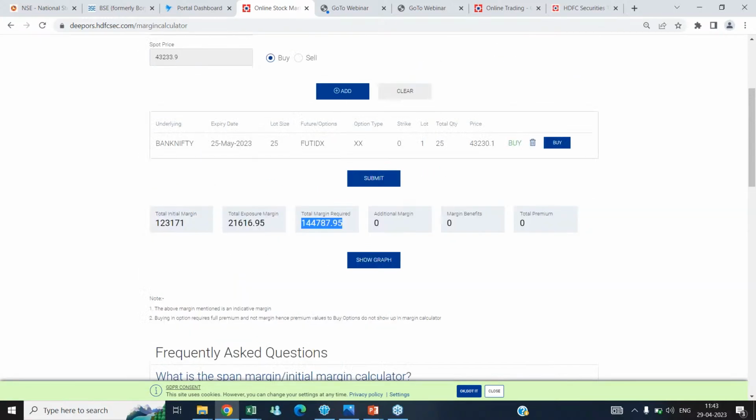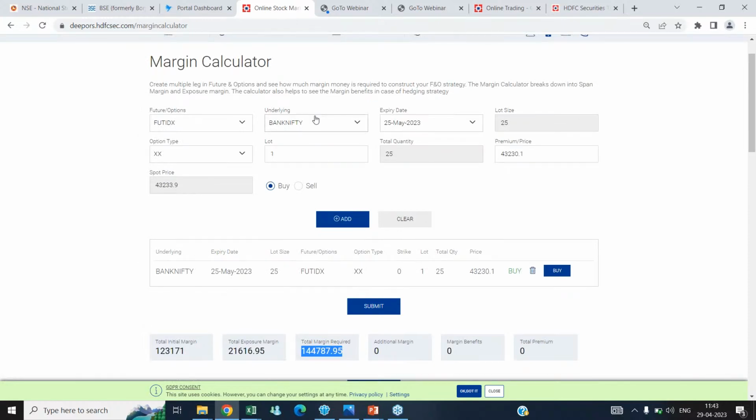Now, you also want to buy one lot of Nifty future, and along with it do a protective put strategy, wherein you also buy a put option to hedge on the lower side. So it's a hedged position. I am sure you must know that if you take any kind of hedged position, your margin requirement gets reduced significantly.